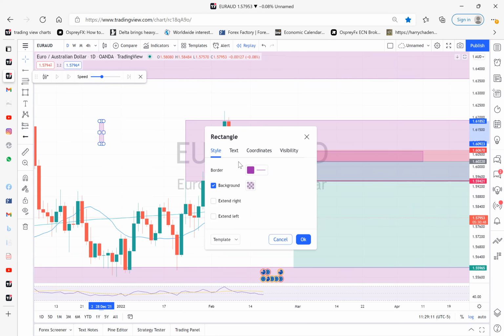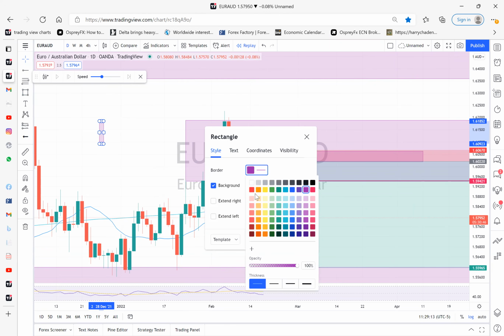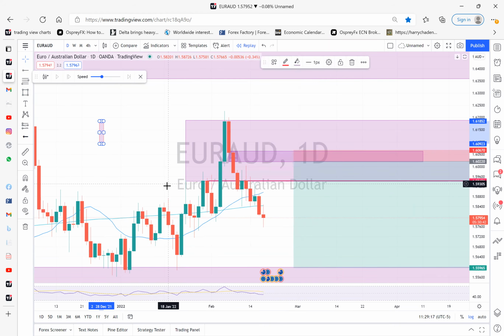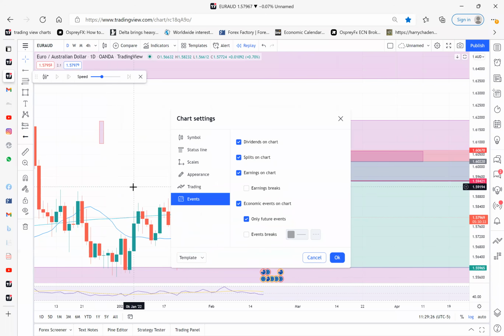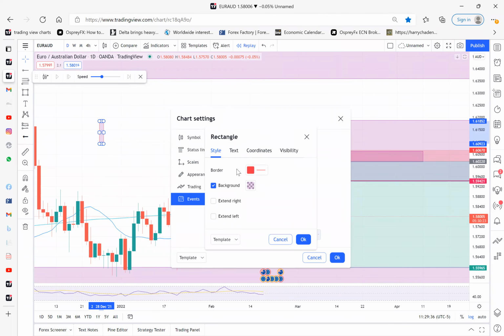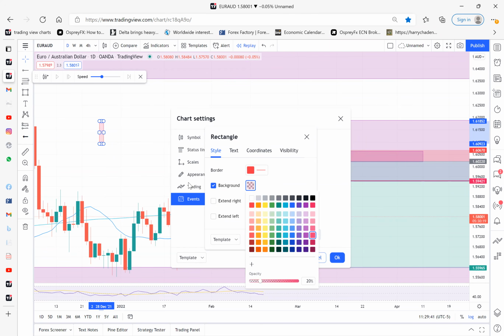Settings, color. Come on, man. Double click. Oh, that's the border. Okay, I got it now.